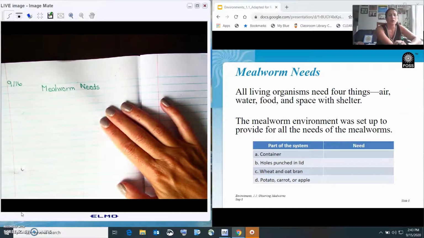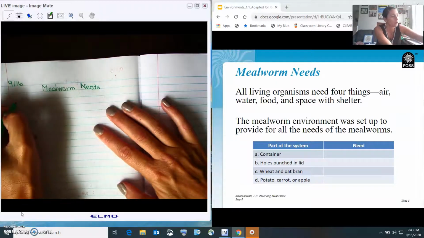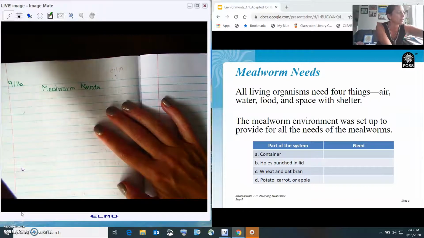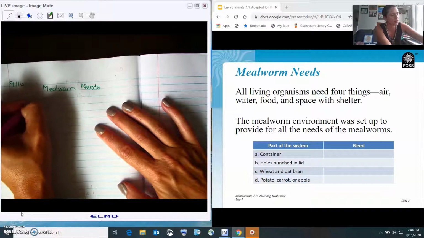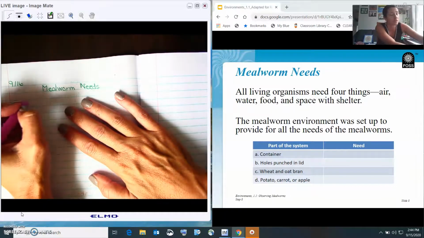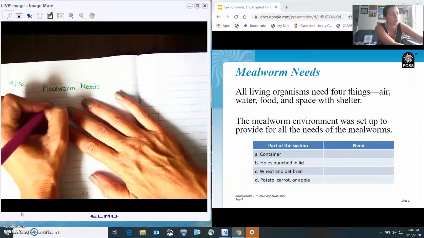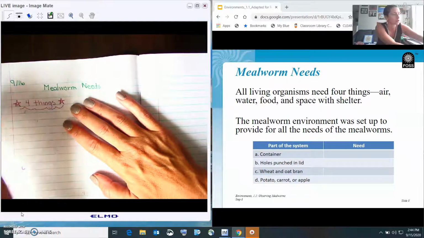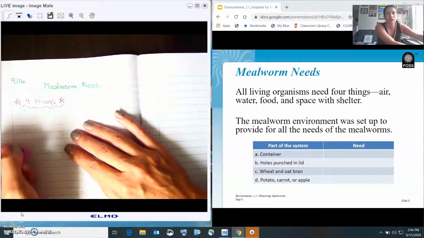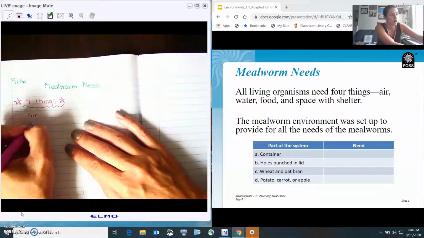All right, it says all living organisms, not just mealworms, need 4 things. So I'm going to make a list, and I'm going to put stars by it: 4 things that organisms need. The organism we're looking at right now is our mealworm, but this is all organisms. The 4 things they need are air, water, food, and space for a shelter, like a home.